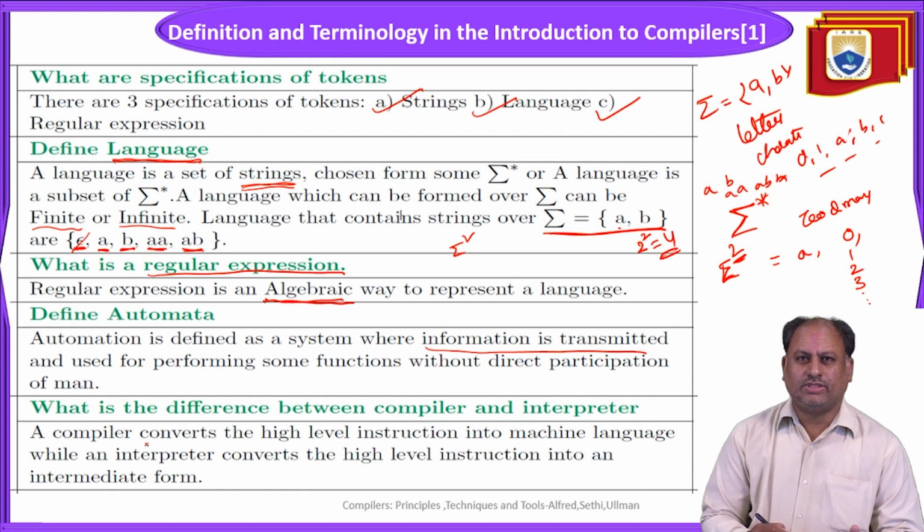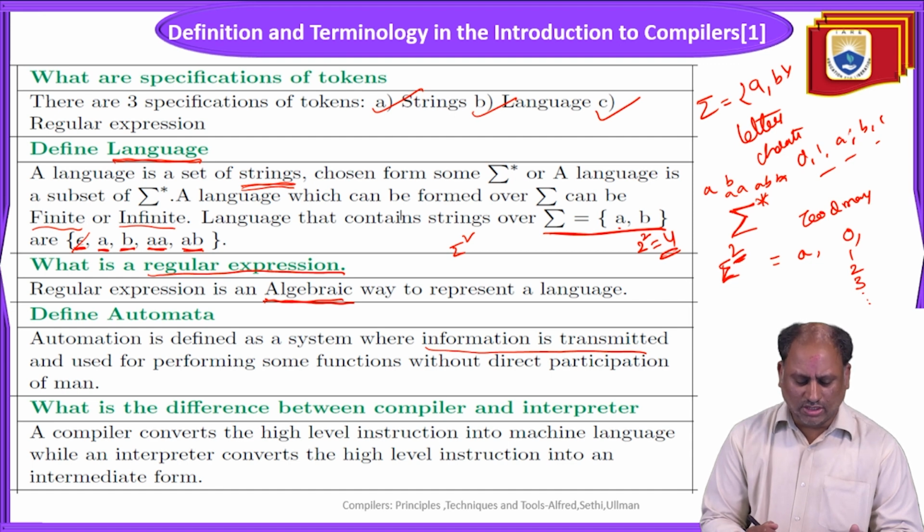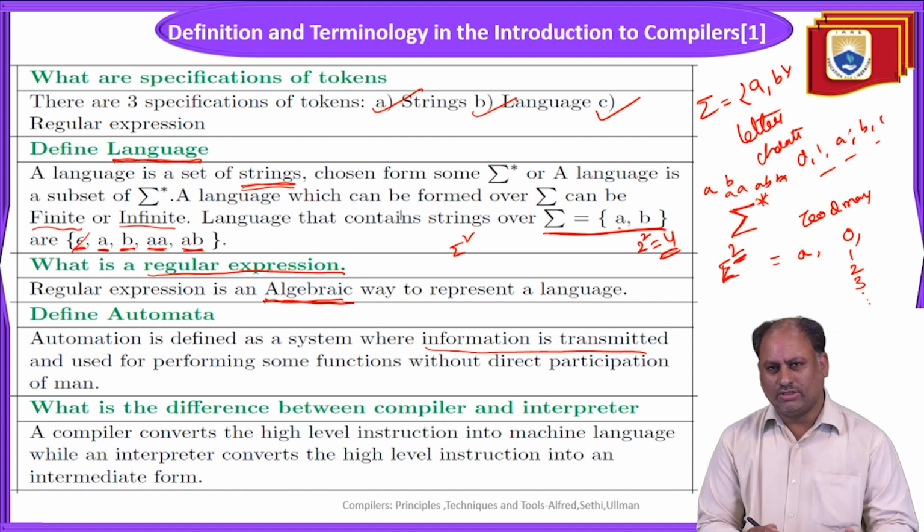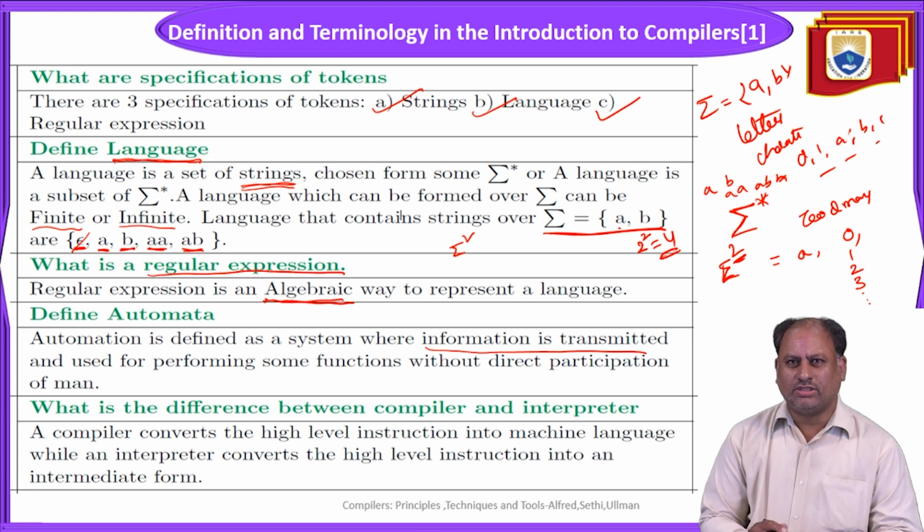That means this is an automatic way of doing things without interference of a human. So that type of computation is called automata, where the user does not perform the activity. The system can do that activity instead.